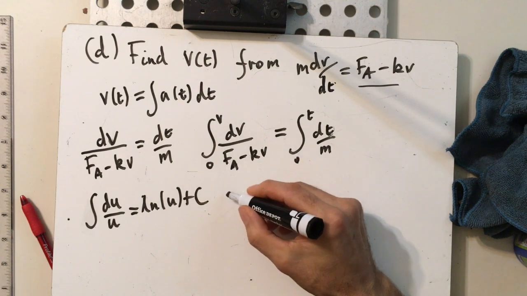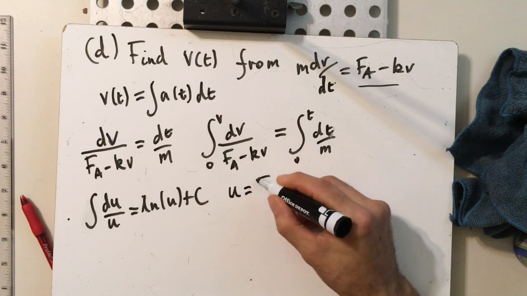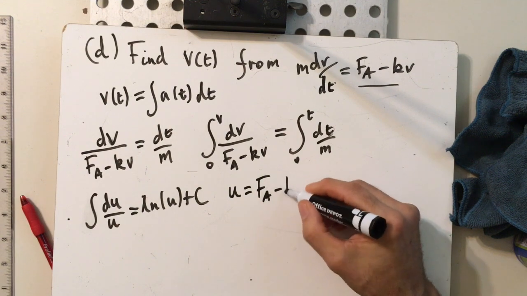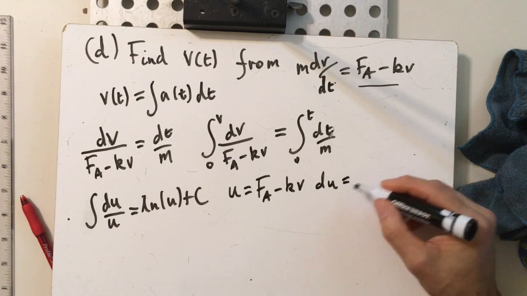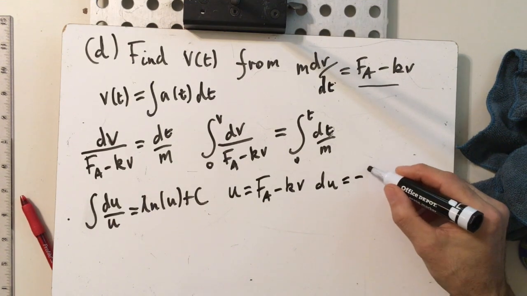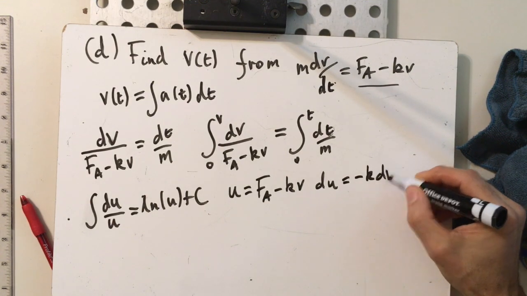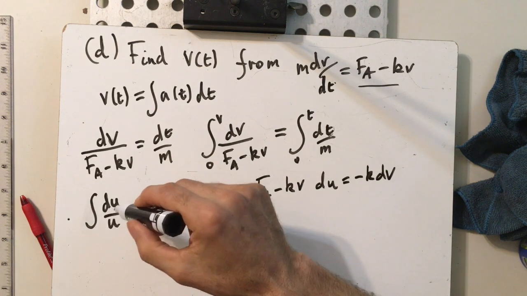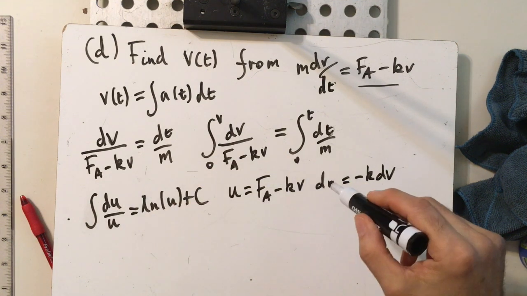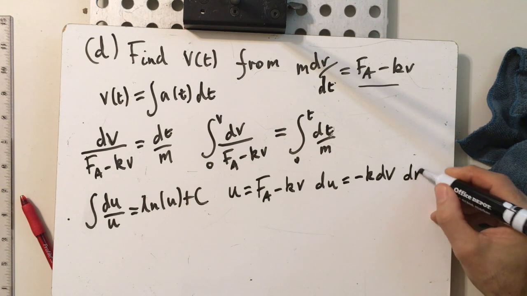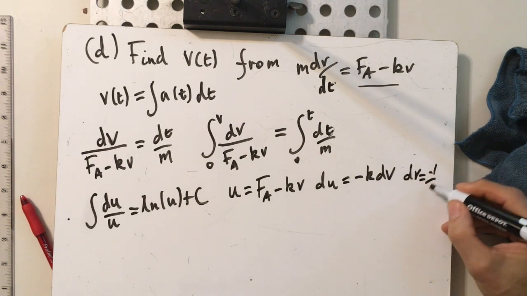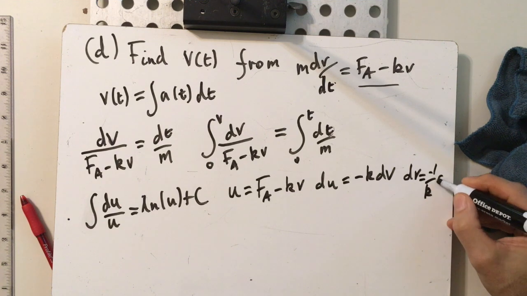So if this is the function u, it's force applied minus kv, then du will equal, that's a constant so it goes away, negative k dv. So now since I want everything to look like this, I need to think about what dv is. dv is negative 1 over k du.